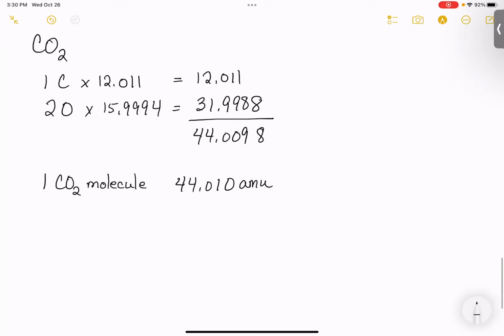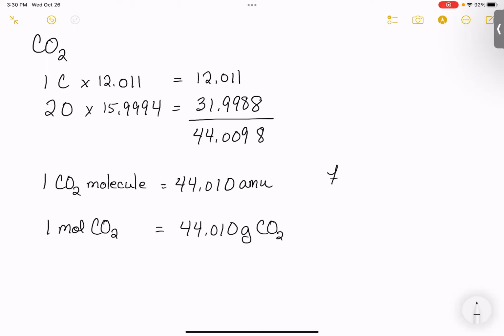But if I have 1 mole of carbon dioxide, then it's going to have a mass of 44.010 grams of carbon dioxide.